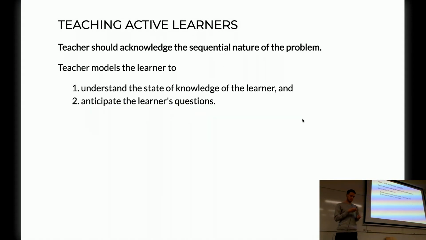And to go about formalizing this, the teacher needs to have a model of the learner to be able to anticipate it. So it needs to model the state of knowledge of the learner and also try to anticipate what kind of questions the learner will ask.